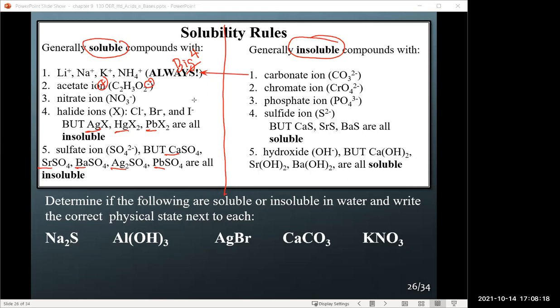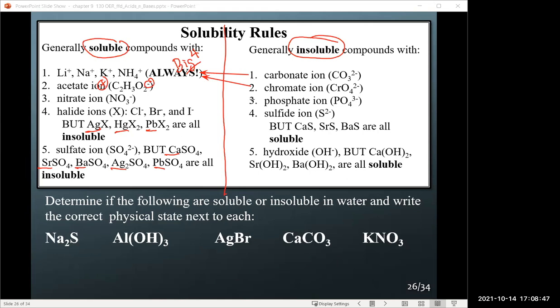So lithium carbonate, sodium carbonate, potassium carbonate, ammonium carbonate, guess what? Soluble. Everything else insoluble. Chromate ion. Again, heavy metal, anything bonded to the chromate ion is insoluble, except, you guessed it, if it's bonded to the big four. Those 4 chromate compounds are soluble. Everything else in the world to date is insoluble.